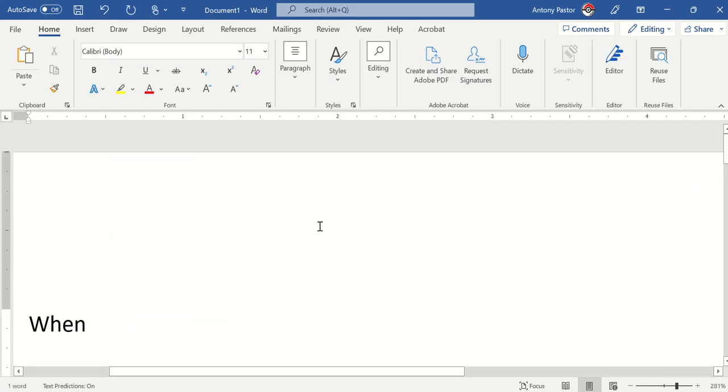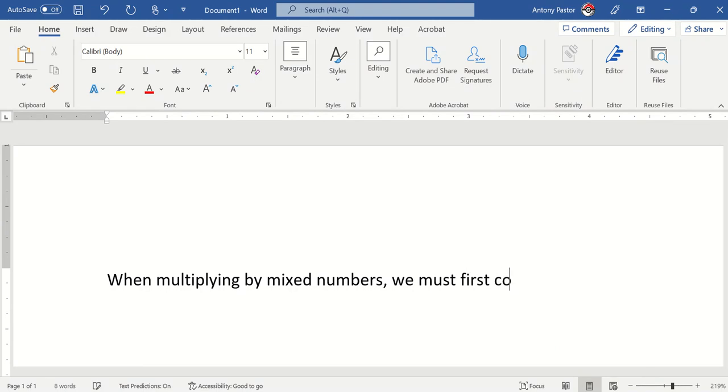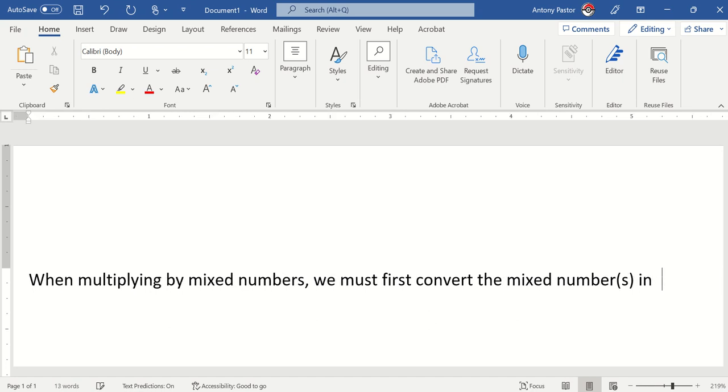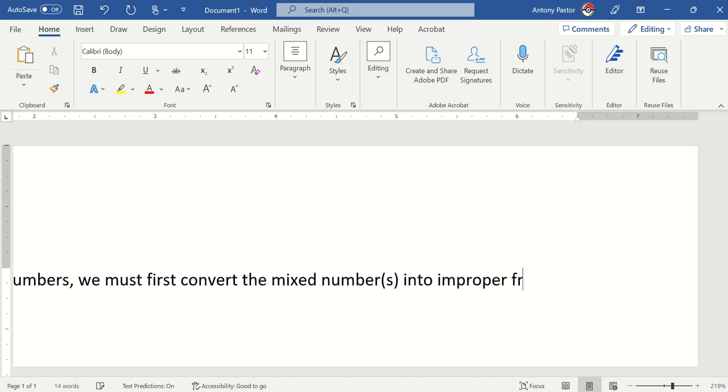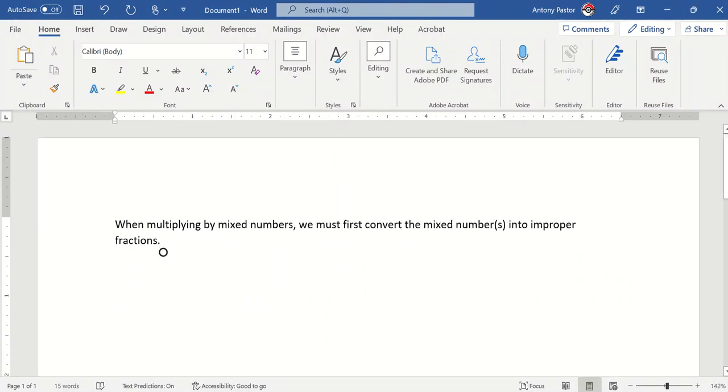When multiplying by mixed numbers, we must first convert a mixed number or numbers into improper fractions. Let's get it whole screen. That is our first step. We need to make sure that we are turning all our mixed numbers into improper fractions.